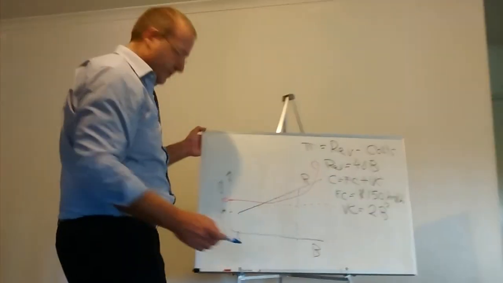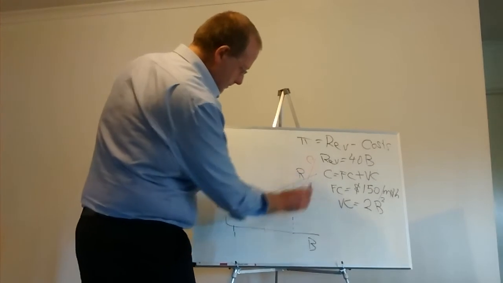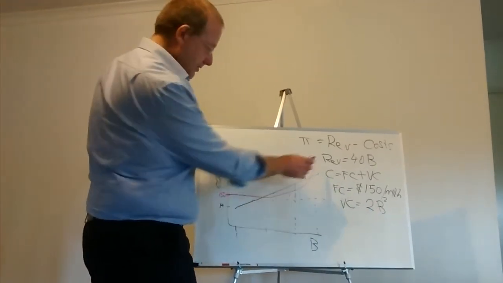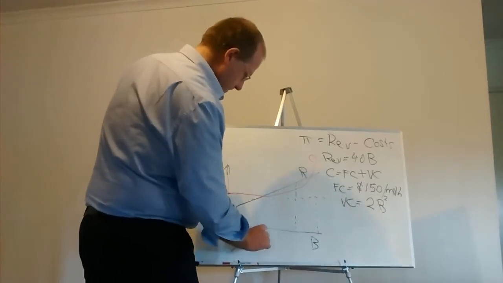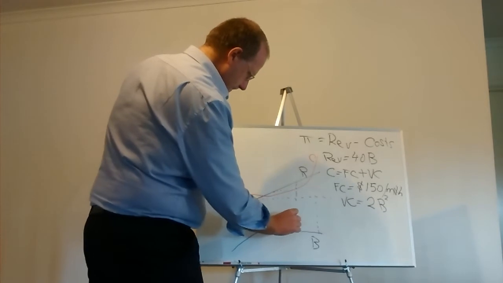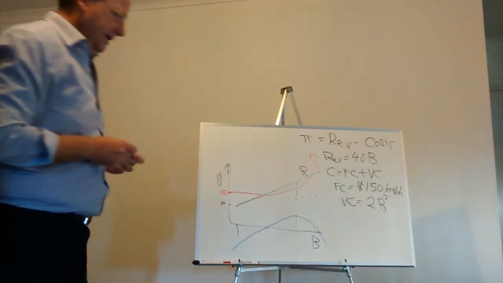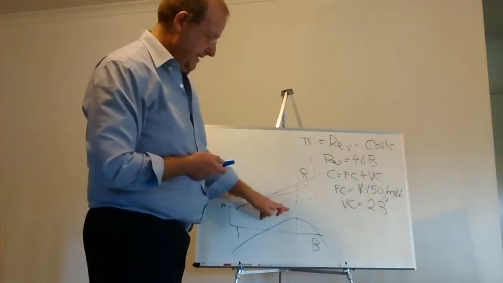And so if we graph the profits, because profits are 0 outside of these points, because costs are greater than revenue, the profits look like this.